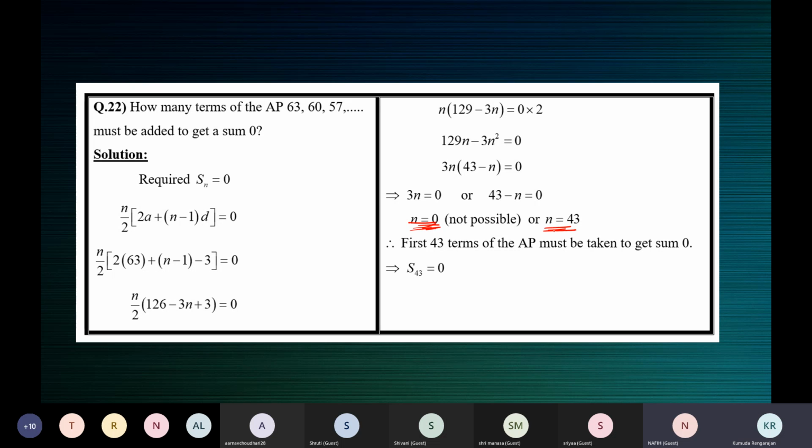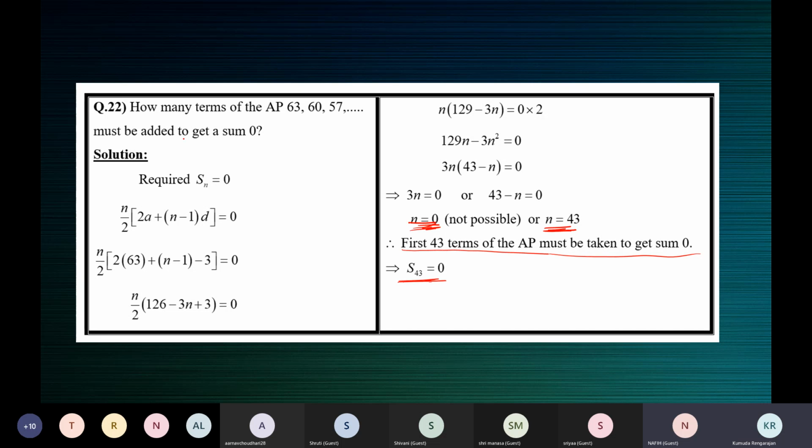So we go with this value n is 43. So the first 43 terms of the AP must be taken to get sum 0, which again means S43 is 0. Sum of the first 43 terms is 0.